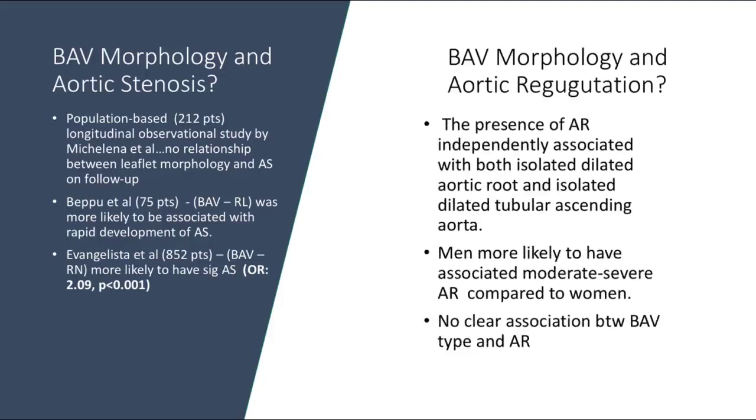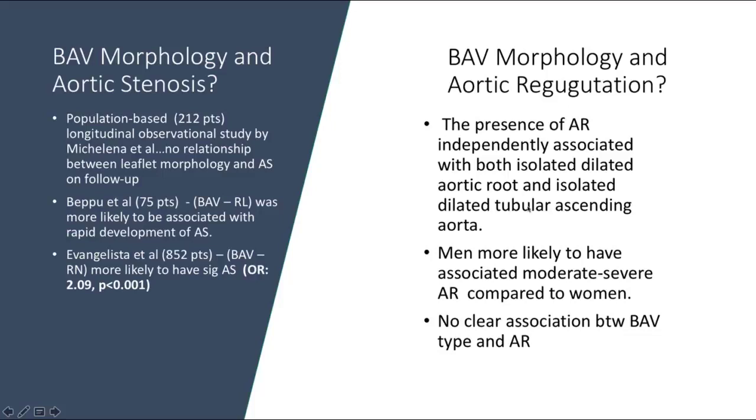So how about BAV morphology and aortic regurgitation? There's been a lot of thought that those individuals who have a root phenotype will more likely have aortic regurgitation, and that kind of makes sense to me. But again, the studies have been a little bit mixed, and they found that aortic regurgitation is independently associated with those with a root phenotype as well as those with an ascending phenotype.